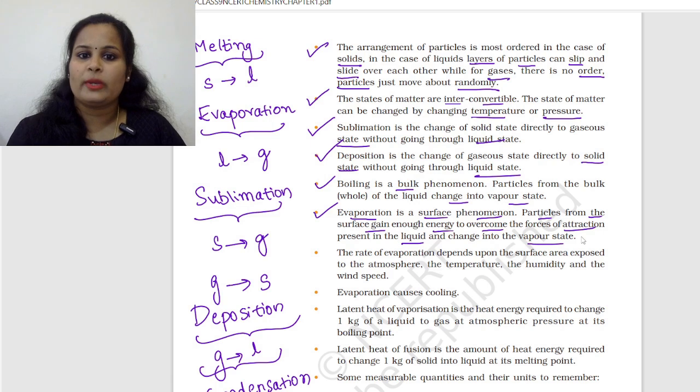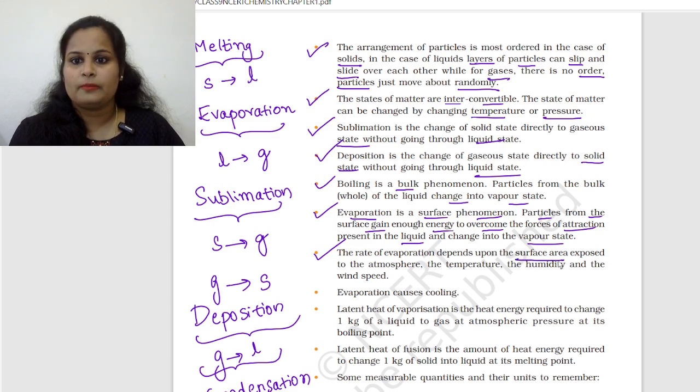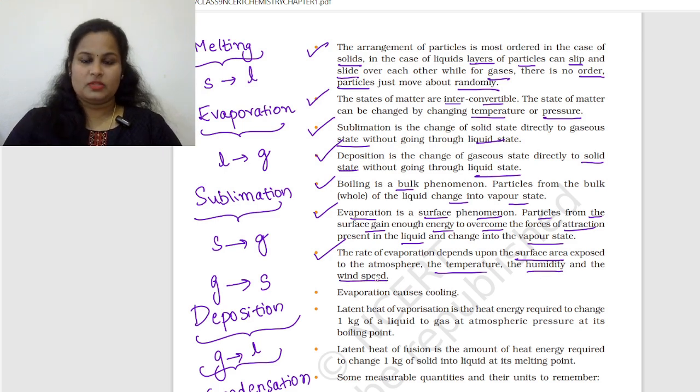Now, the next point, the rate of evaporation depends upon the surface area exposed to the atmosphere. Another point, temperature, humidity, and wind speed. So these are the factors by which the rate of evaporation is affected, right? So when the temperature is more, evaporation is more.